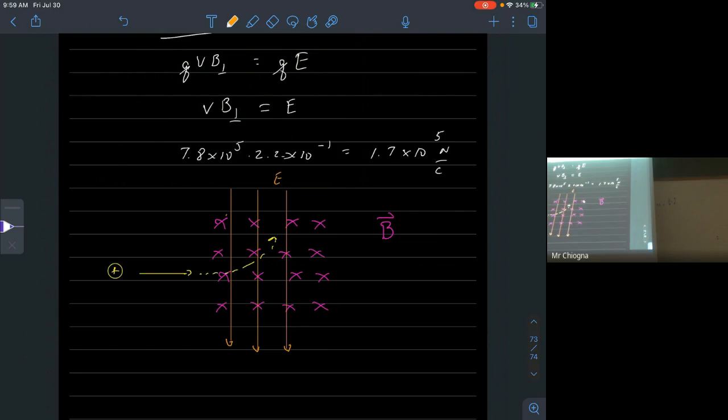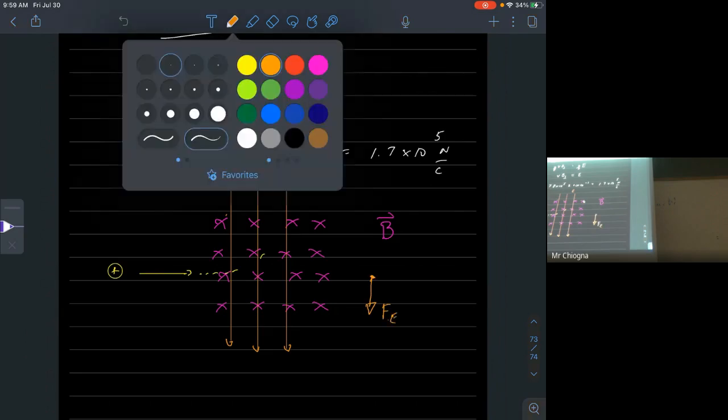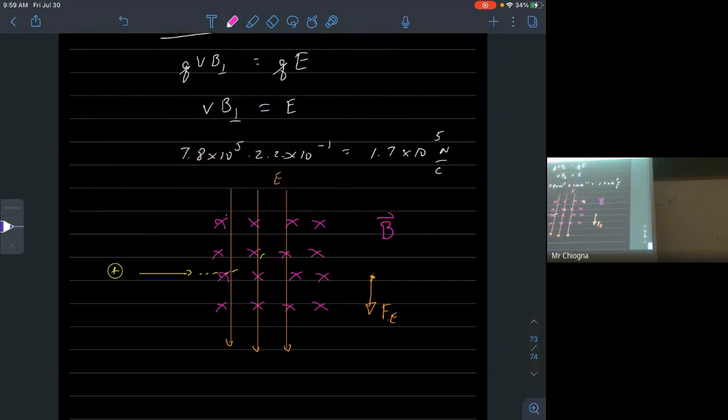What will that do? That will offset the magnetic force such that instead of the alpha particle moving up due to the magnetic force, the two forces balance. There's an electric force now acting down on the alpha particle that's balancing the magnetic force, pardon me, that's acting up. They balance each other.